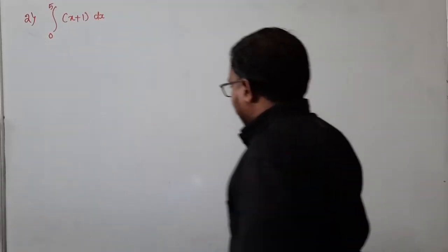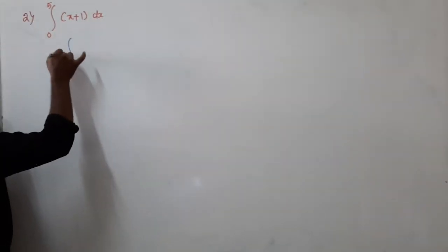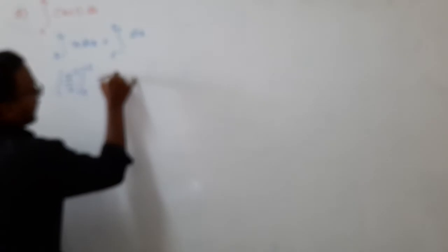Now first we have to integrate this one. We know that integration of this function is integration of 0 to 5 x dx plus integration of 0 to 5 dx. Next, integration of x will become x square by 2, the lower limit is 0, upper limit is 5, plus integration of 1 is x, the lower limit is 0, upper limit is 5.